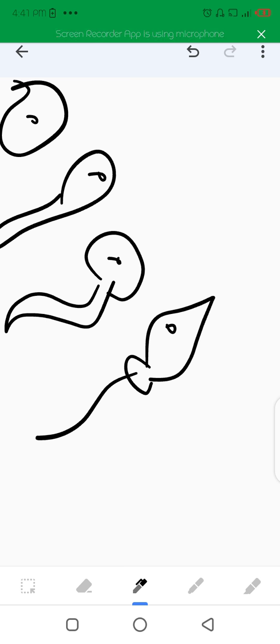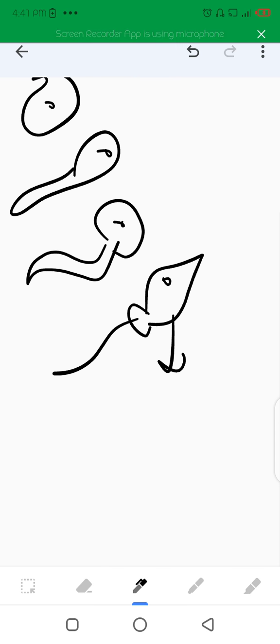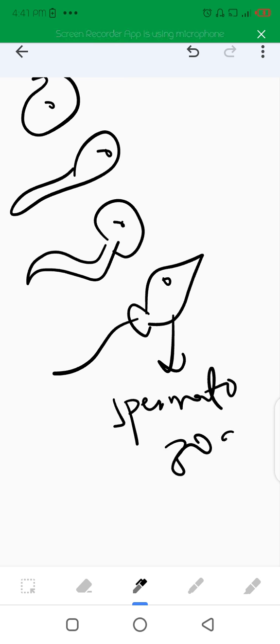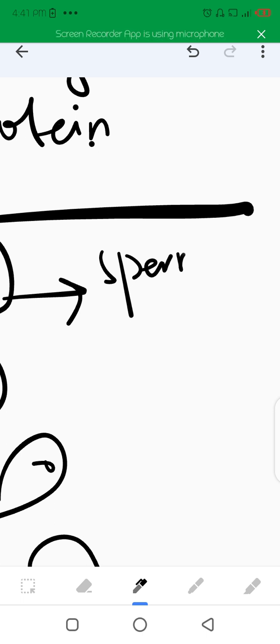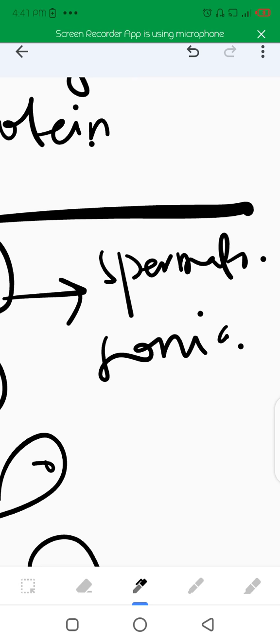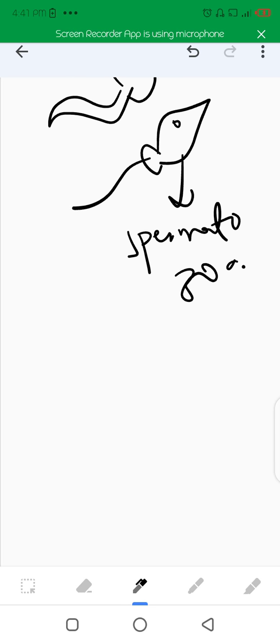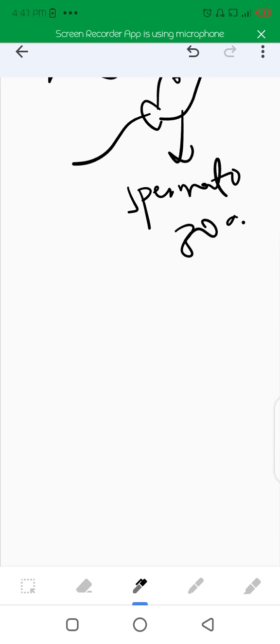So this is the spermatozoa, and this is the spermatogonia. And ABP binds to testosterone in the seminiferous tubules, which in turn produces sperm. The Sertoli cells also secrete inhibin.